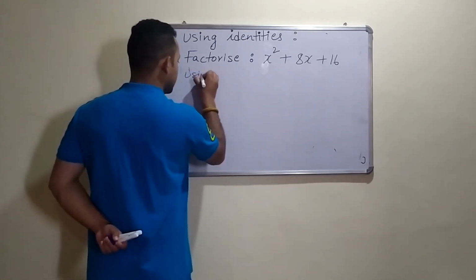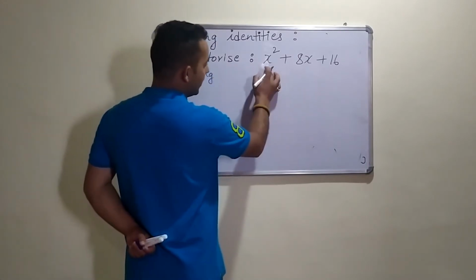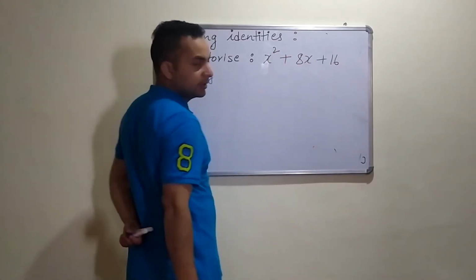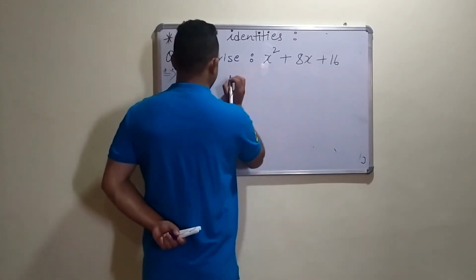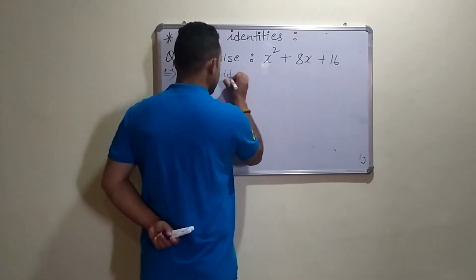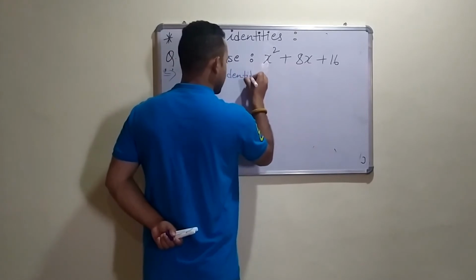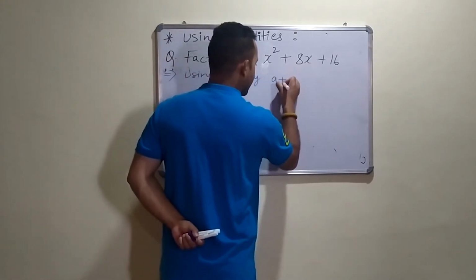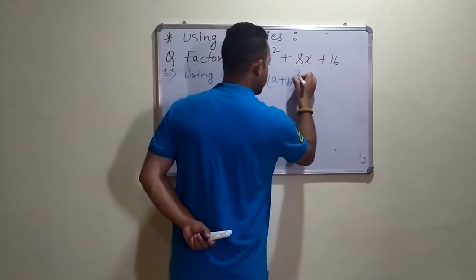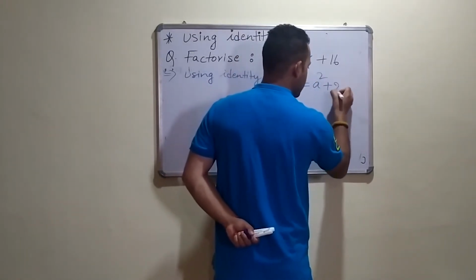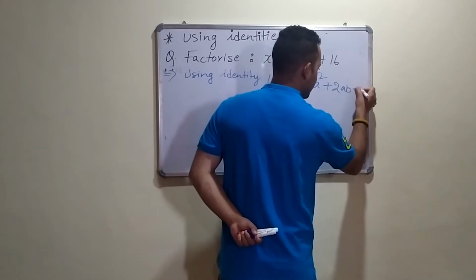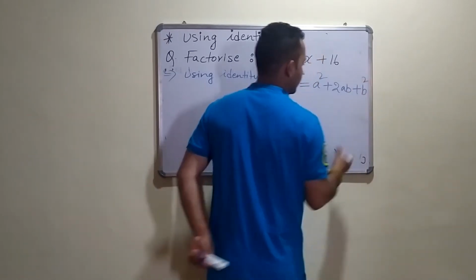So this is x square plus 8x plus 16, which is in the form of our first identity, that is a plus b whole square, which means a square plus 2ab plus b square.